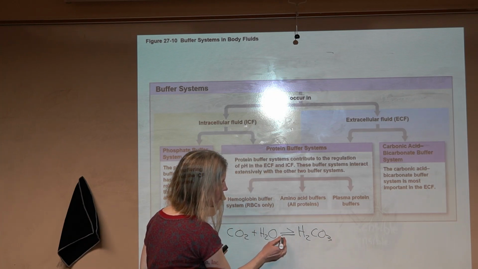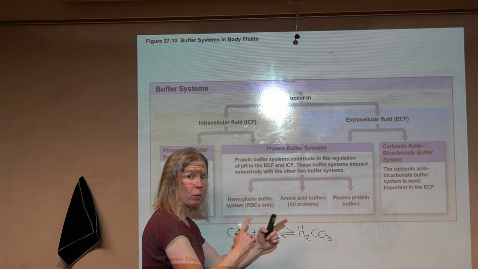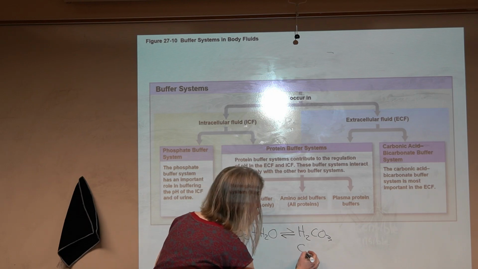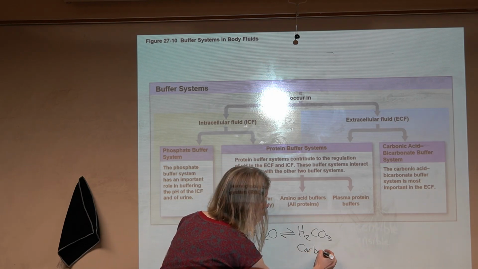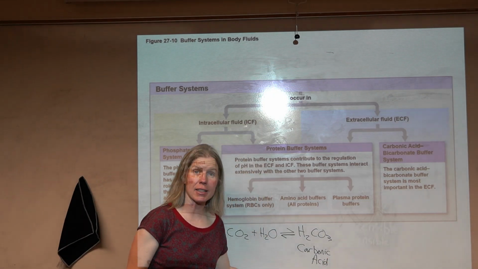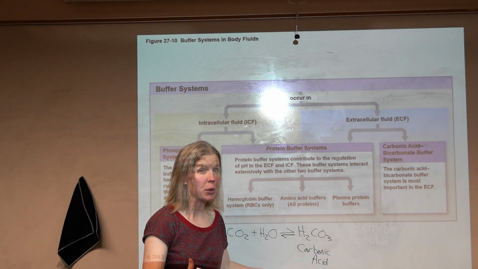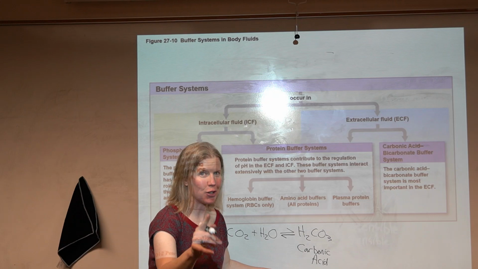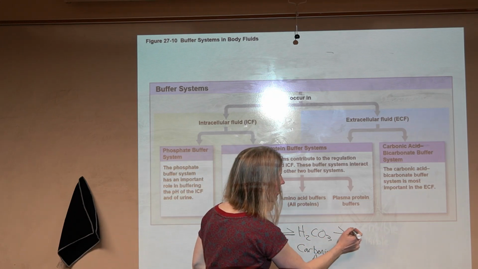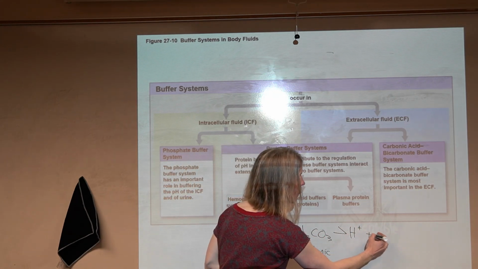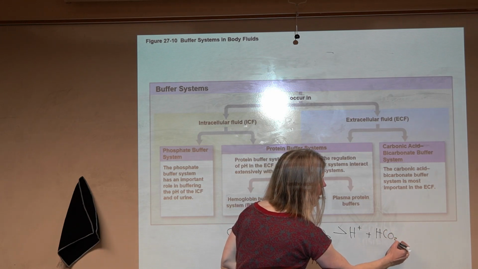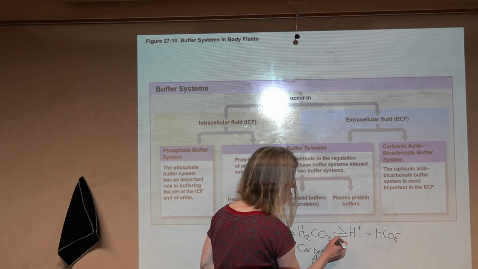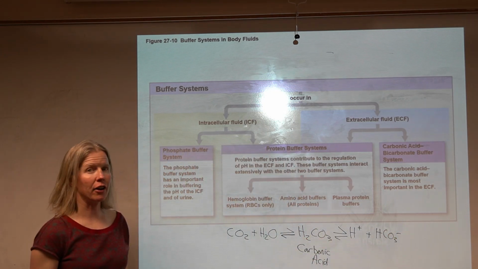Remember, this is a reversible reaction. It can go either way. Carbonic acid, if it's an acid, that means it's willing to donate a hydrogen, right? And so that hydrogen and bicarbonate ion, again, a reversible reaction.